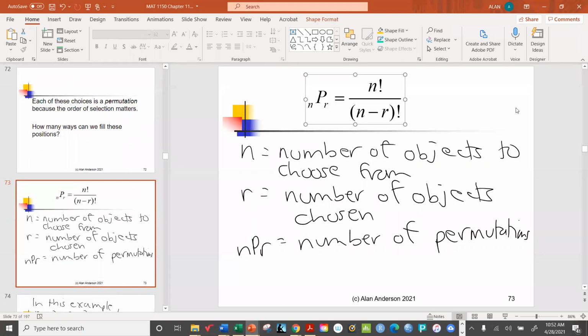So NPR, the P stands for permutations. The number of objects we have to choose from is N, and the number of objects that we actually do choose is R. So it's written as NPR, which means the number of permutations that we can create by choosing R objects out of N. And you can see it's nothing but an application of factorial.